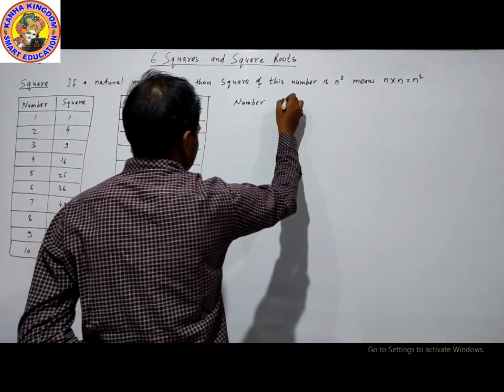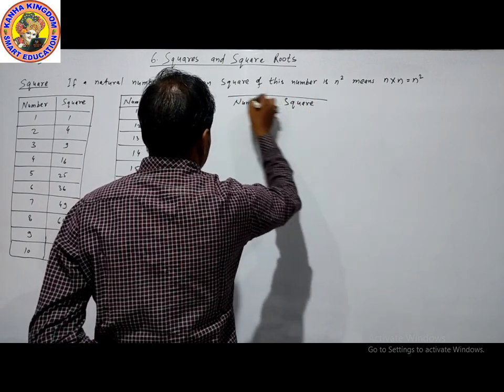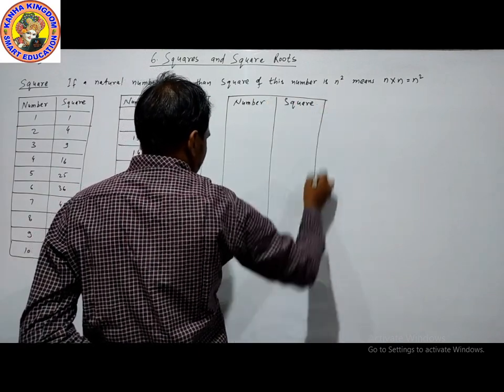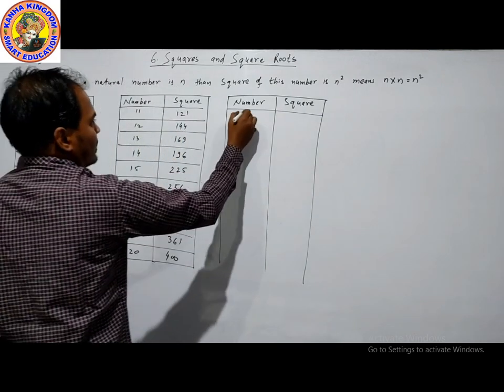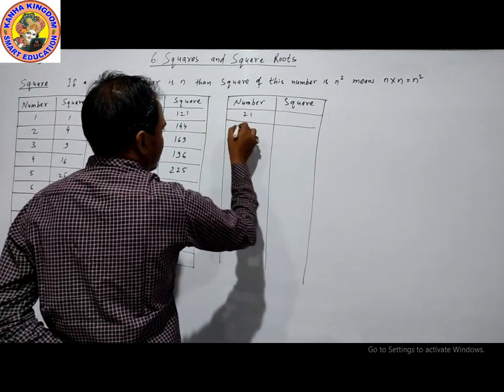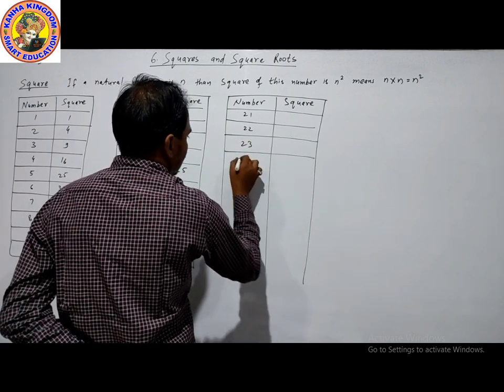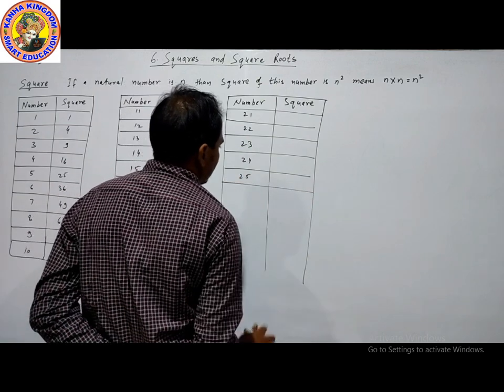Now number and square. After 20 come 21, 22, 23, 24 and 25.